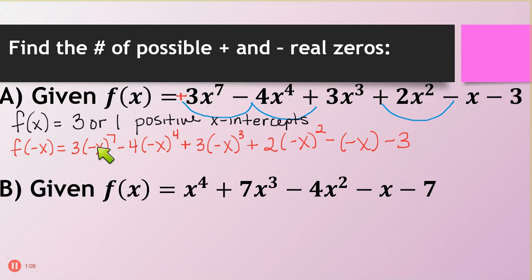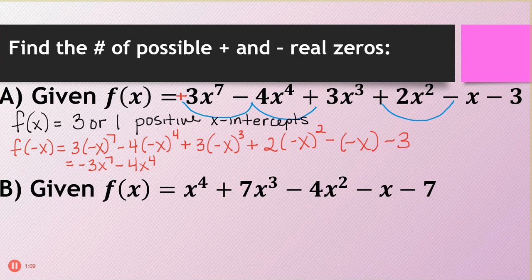So we're going to start here. We have a negative to an odd, so that is going to cause that to change sign. So that positive 3 is going to flip to a negative 3. So we have negative 3x to the 7th. Okay, so this is even. Because that's even, that negative will become positive, and that's not going to affect the sign of its coefficient.